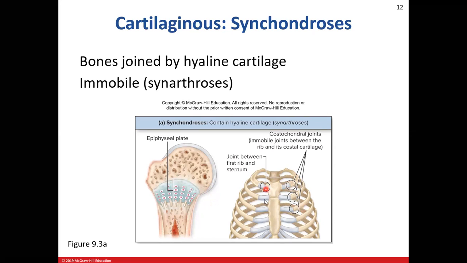We also have the regions of the ribs, so the costochondral joints. These are immobile joints between the rib and the costal cartilage. Now, there is a little bit of movement, but again, particularly the movement is going to come more from the backside as they come into the vertebrae, not so much up in the anterior portion of the rib cage.